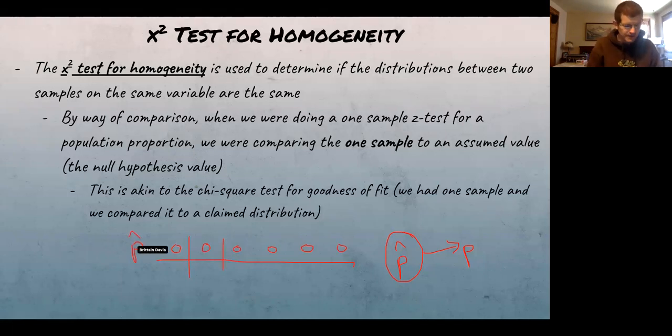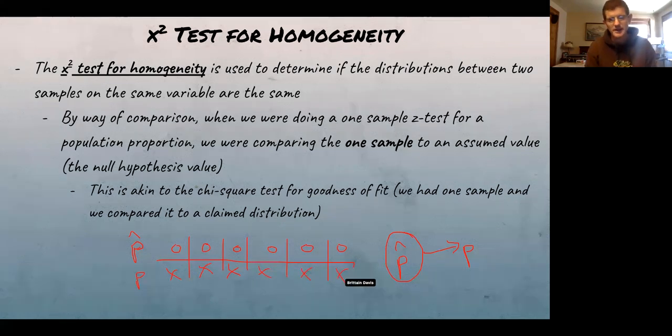But if I pretend like this sample and the category breakdown that I got was my p hat, I was comparing it to an assumed proportion, which would have had these assumed counts, the expected counts. So it's really, by way of analogy, a similar type of test going on.